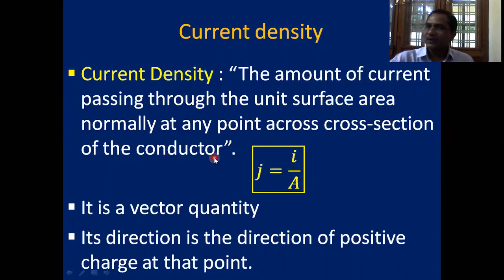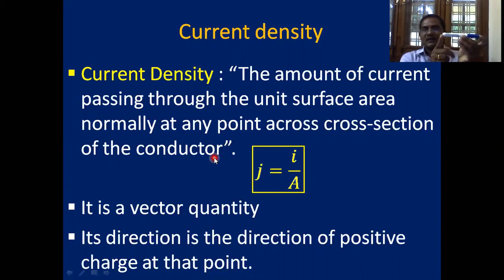For example, imagine that this is a conductor. Now the current is passing through this conductor from the left end to the second end. So this will be the cross-sectional area.